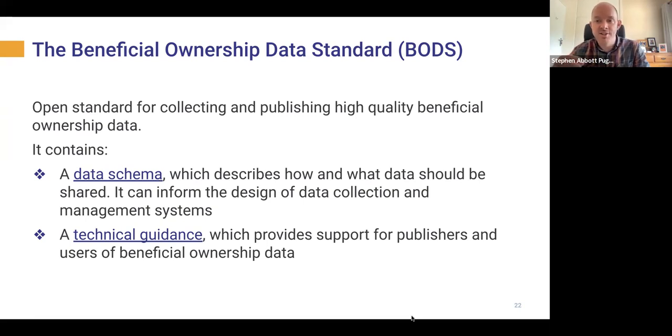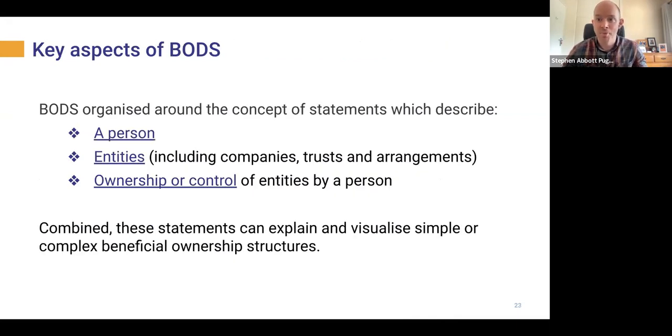There's dedicated guidance on producing information on state-owned enterprises, how to model indirect beneficial ownership relationships. All of this is all kind of listed on the website. And again, we'll be sharing this afterwards. So hopefully people can go and learn a bit more about all of that afterwards.